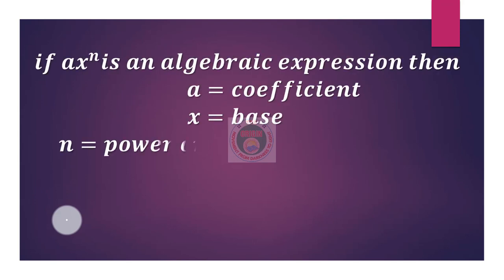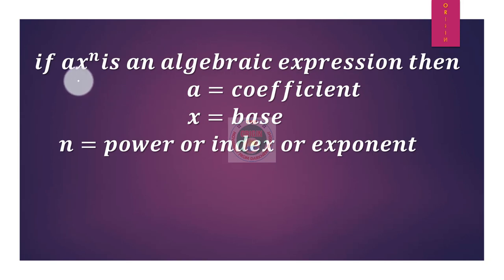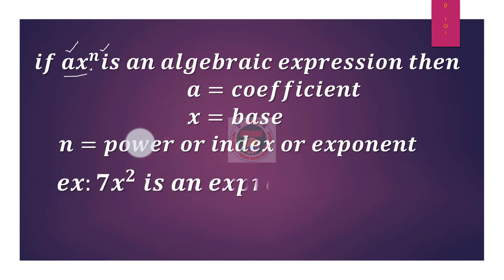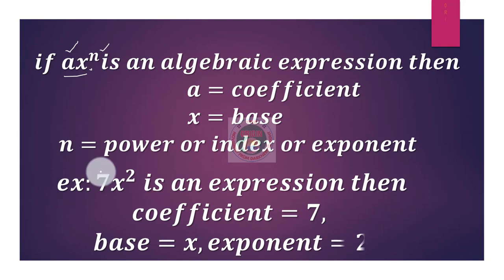Already we discussed this point. If a x power n is an algebraic expression, then a is called the coefficient, x is the base, and n is the power, index or exponent. Example: 7x square, an expression I have taken here.